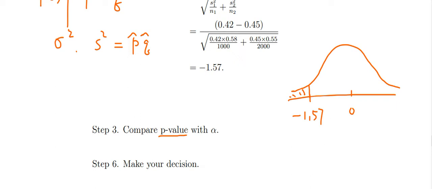From the Z table, we can find this P value. Let's say the P value equals 0.00582.